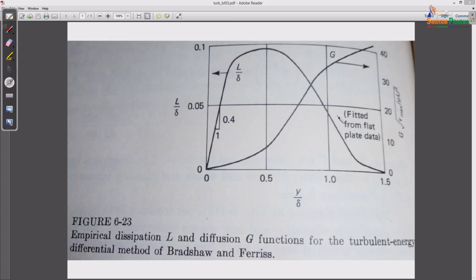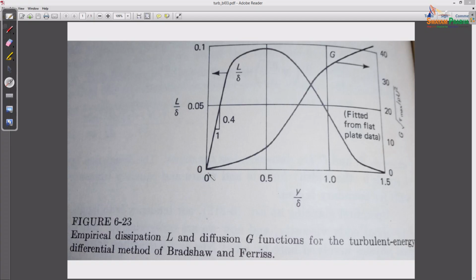If that is so, then what do you have? This is your L, the dissipation. You have a little bit of dissipation, and the diffusion is pretty high, as you can see. And this is 0, at the wall.